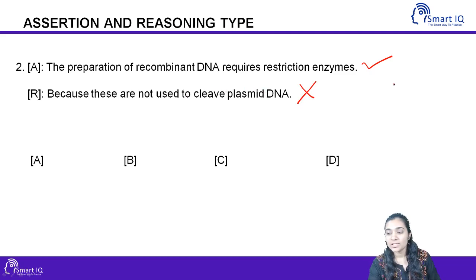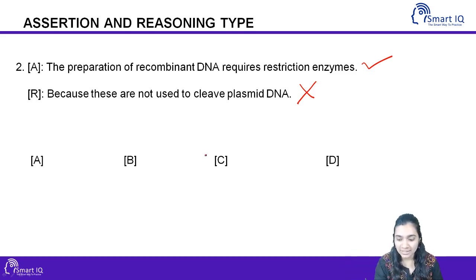You cannot have options 1 and 2 here because in that case both the assertion and reason have to be right. So you can eliminate options A and B. But option C says A is right and the reason R is wrong.